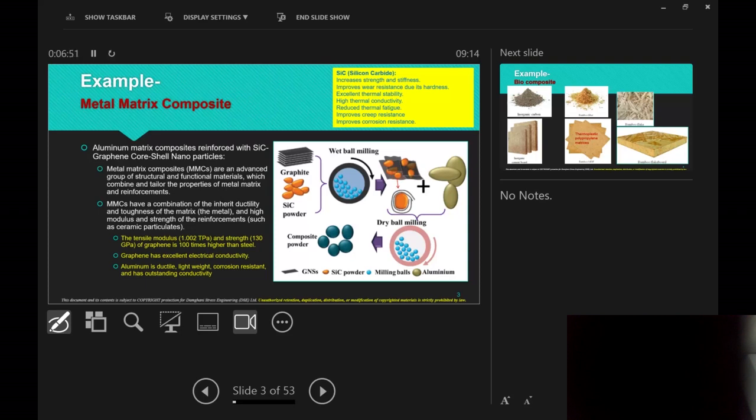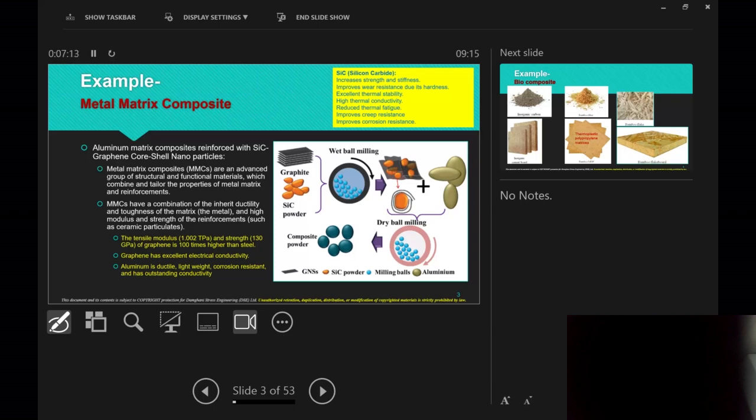This is a good example of a composite material made of graphite and silicon carbide powder. Essentially, what they do is wet ball milling, to make them into powder.